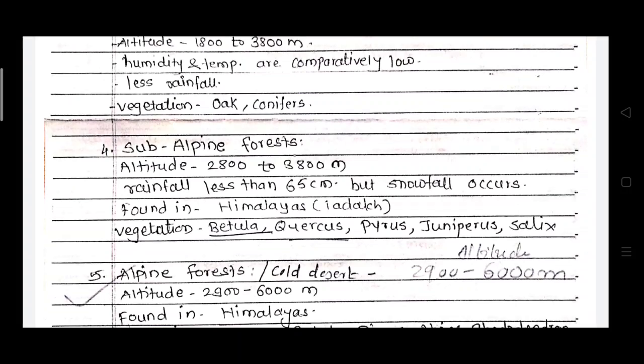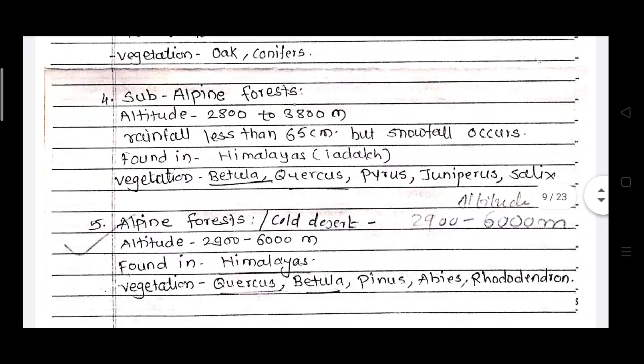The rainfall is less than 65 centimeters, but snowfall occurs in those areas. Mostly in the Himalayas, specifically the Ladakh region, the subalpine forests are present. Plants like Betula, Quercus, Pyrus, Juniperus, then Salix are present in the subalpine forest.